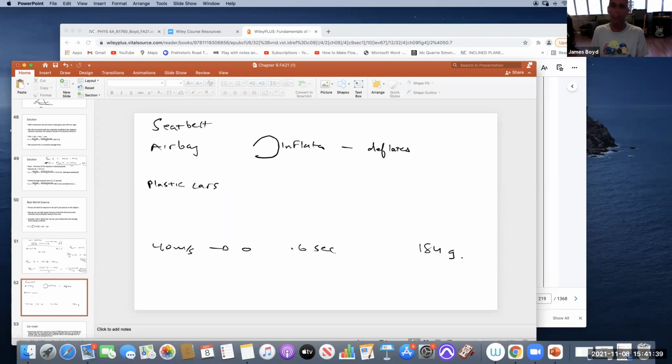So I'm sorry to be morbid on this. That inflating and deflating increases your delta t. Let's say it actually increases it by half. So instead of 0.6, now we're at 0.9 seconds with our airbag.